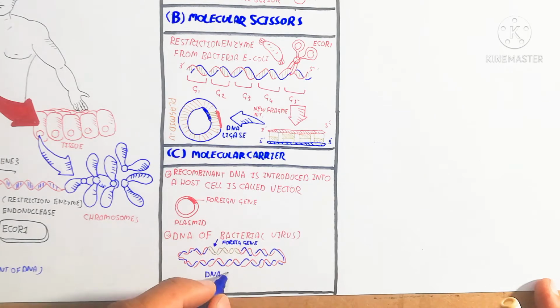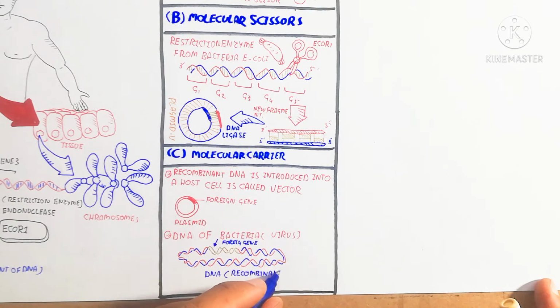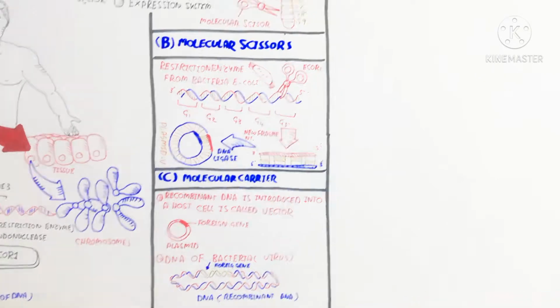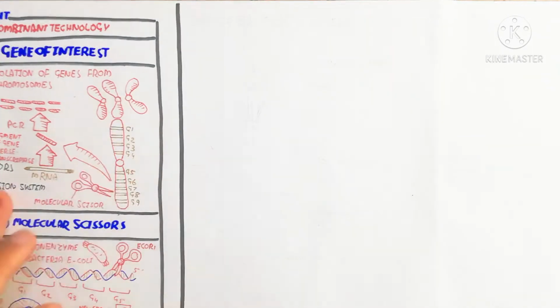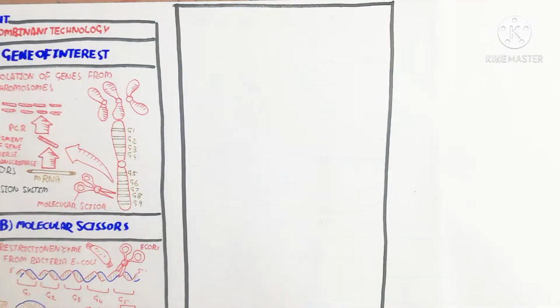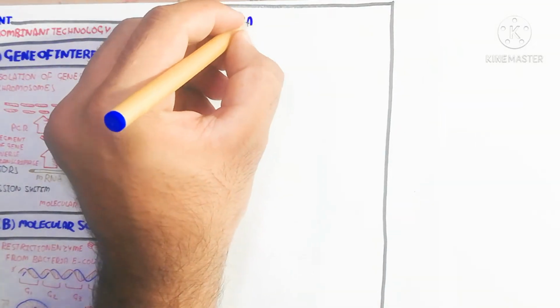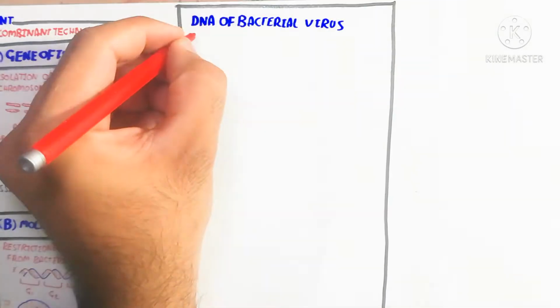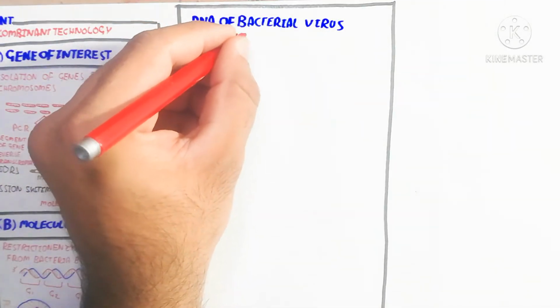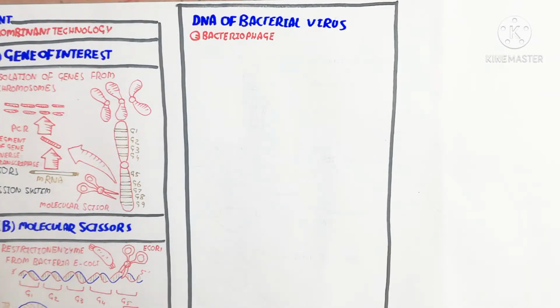While here, the DNA of a bacterial virus, for example, the bacteria will be infected by the virus, so that is known as the bacteriophage. That recombinant bacteriophage can occur by the insertion of the gene of interest, which is our required or desired gene.